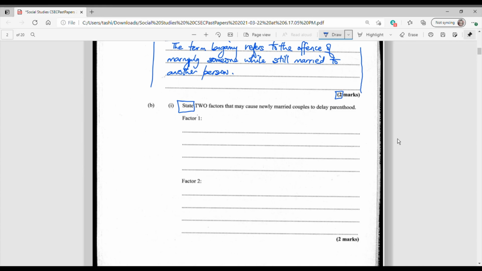That can be several things, so let us just list them over here at first. Persons who just got married may put off having children because 1, they are not financially ready. They're not financially able to maintain a child.